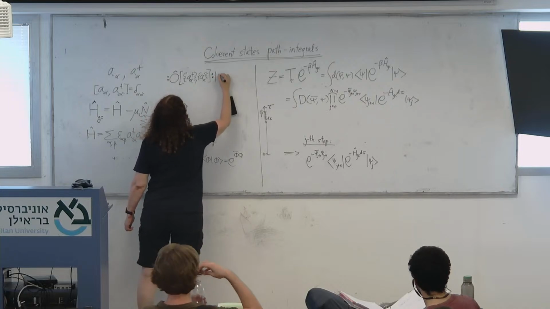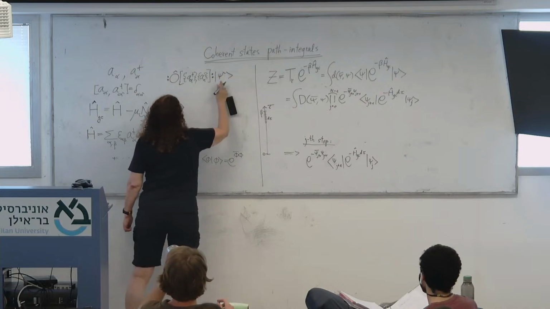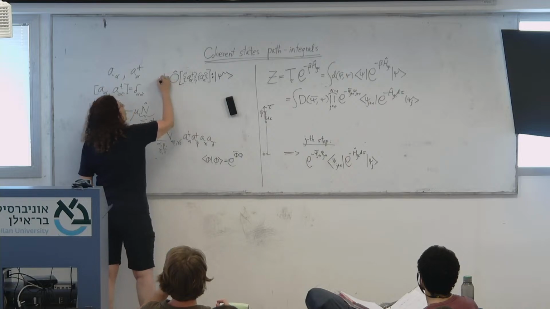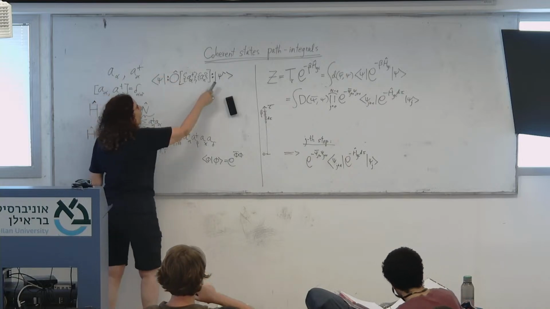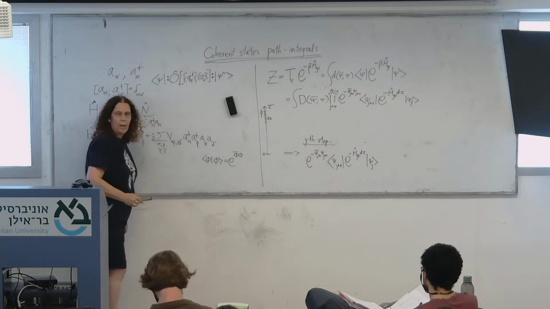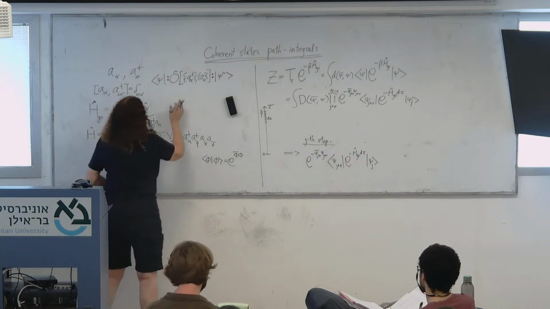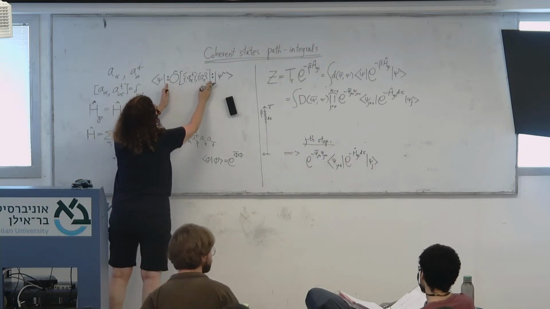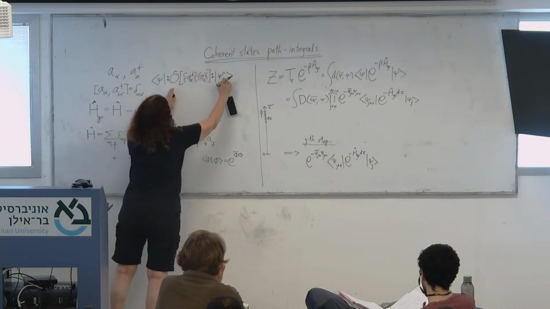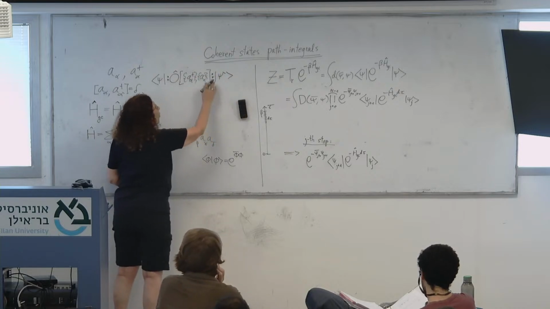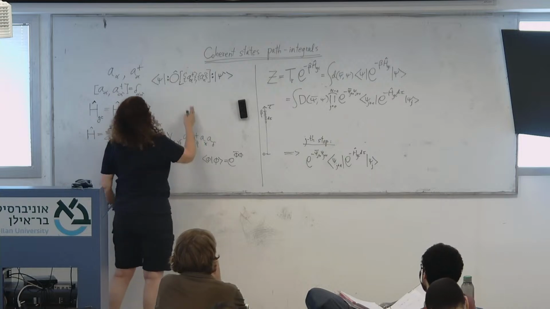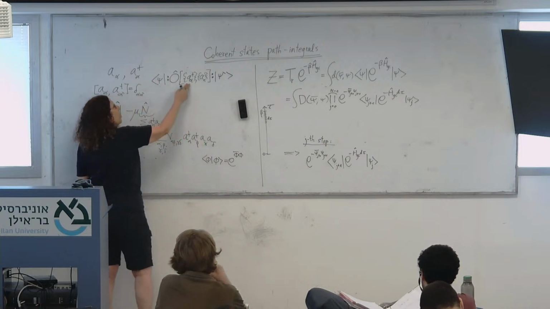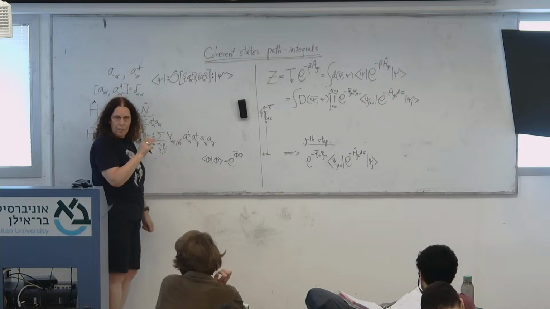So if you take its matrix element between some psi prime and some psi, any arbitrary covariant state, because it's normal ordered, all the A's acting on psi prime will just give you a psi prime, and all the A daggers acting on the left will give you a psi bar.